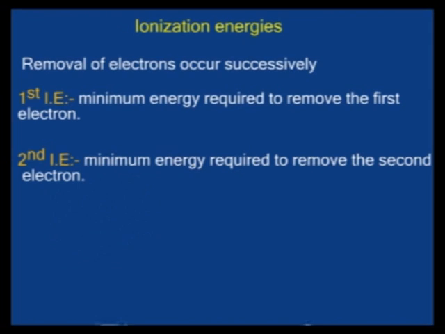The first ionization energy is the minimum amount of energy required to remove the first electron from the outermost energy level. The second ionization energy is the minimum amount of energy needed to remove the second electron from the outermost energy level. Now, is the first ionization energy equal to the second?